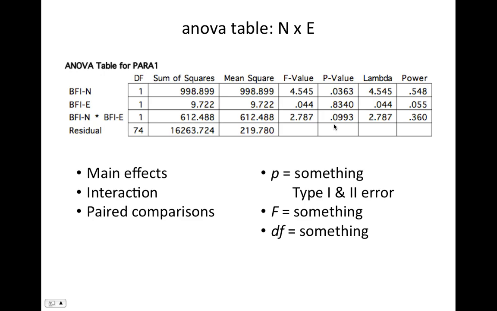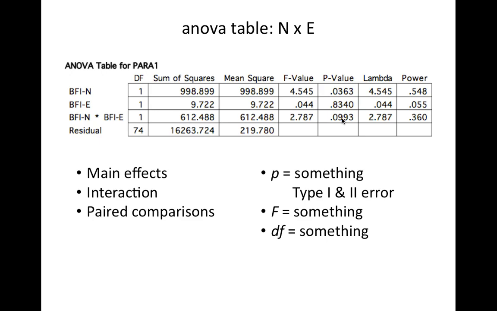So let's talk about what value of p one needs in order to decide whether or not the effect of an independent variable or the interaction should be considered reliable. If you remember, that's called the alpha level, and that's something that an experimenter decides. What we're going to do here is treat any p-value that's less than 0.1 as reliable.